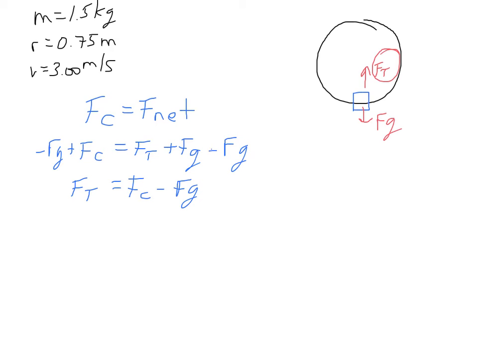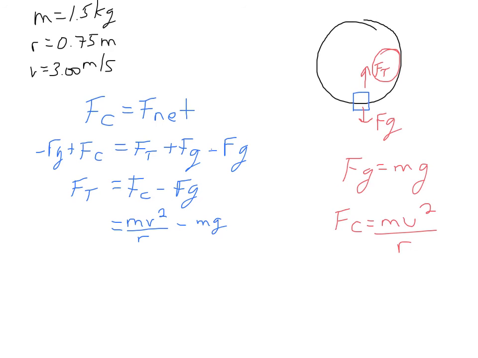So now, just like the last question, we know that our Fg is going to be mass times gravity, and we also know that our Fc is going to be mass times our speed squared over our radius. So we can put those into this formula. My Fc is mass times my speed squared divided by my radius, minus my mass times my gravity.